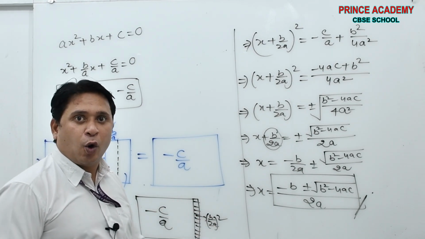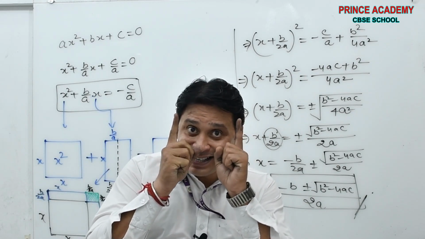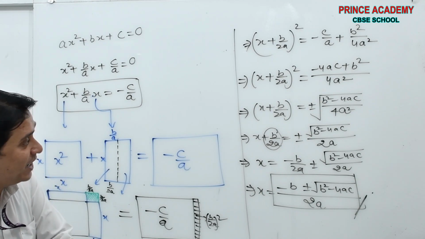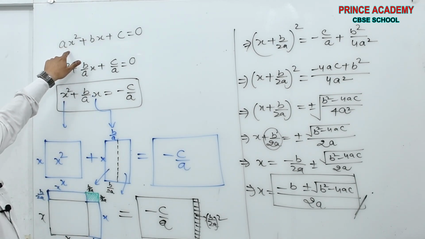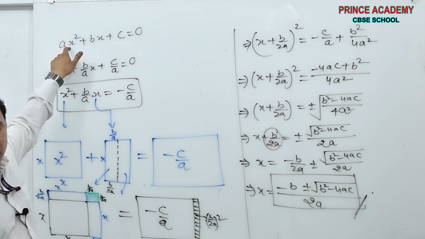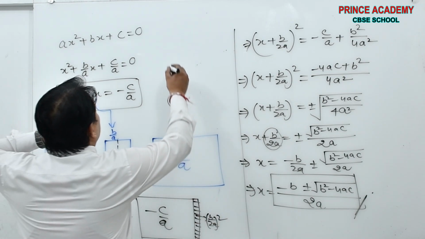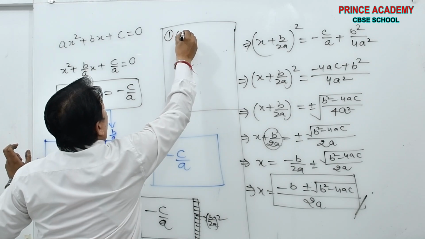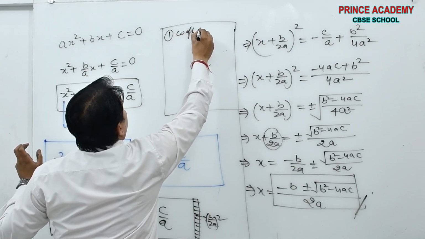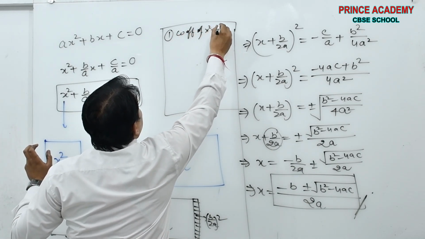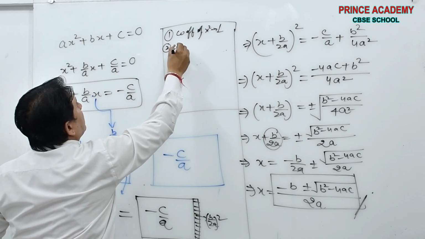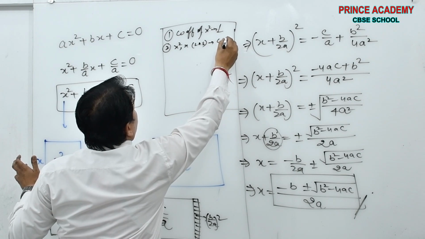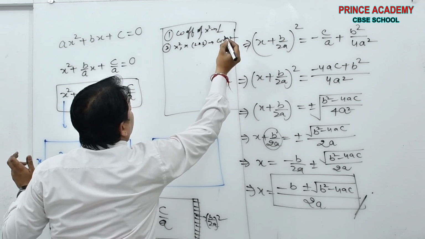Okay beta, I think you all have taken the screenshot. Once again, I am repeating the question. See what we are considering. First we make this unity. I am writing the steps here. First step, the coefficient of x square is 1. Number 2, x square and x on the left hand side and the constant on the right hand side.